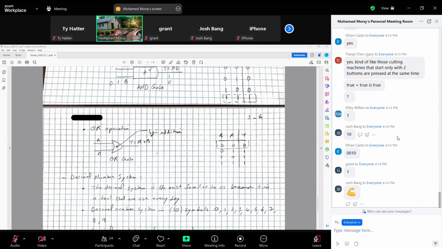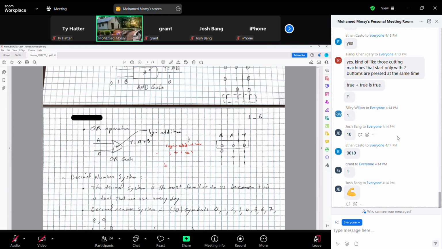0 with carry 1. When we do logic addition, we say 1 plus 1 is 1.